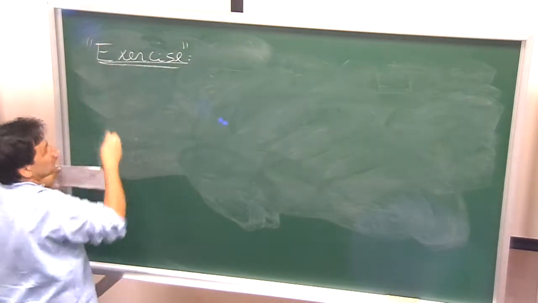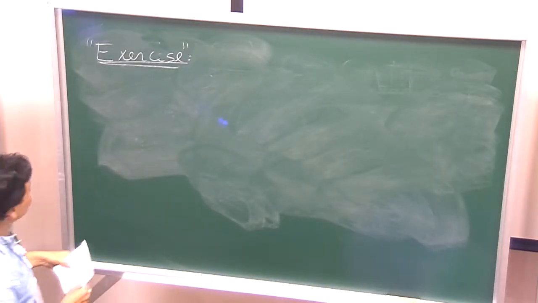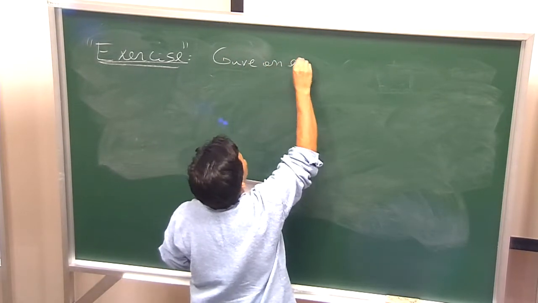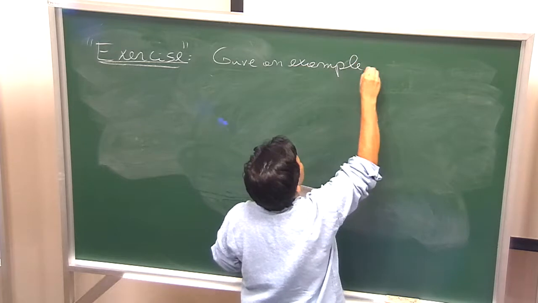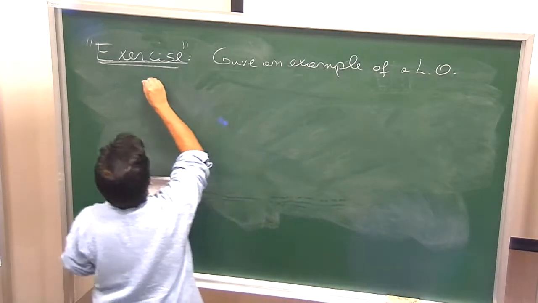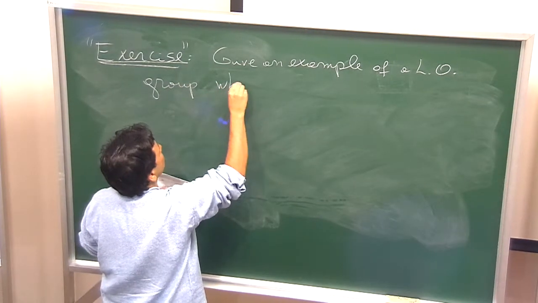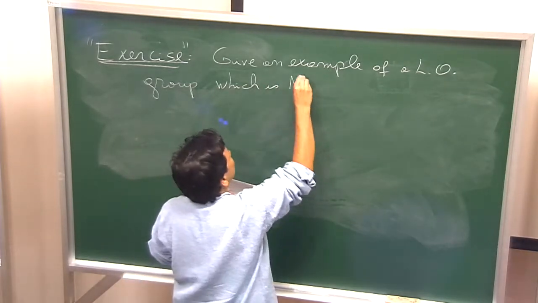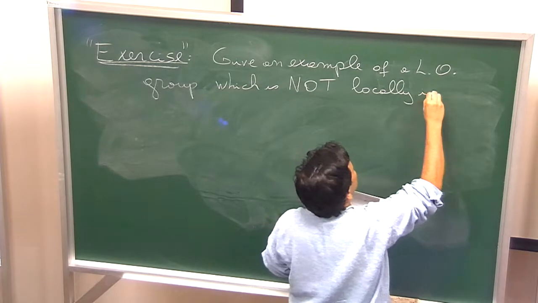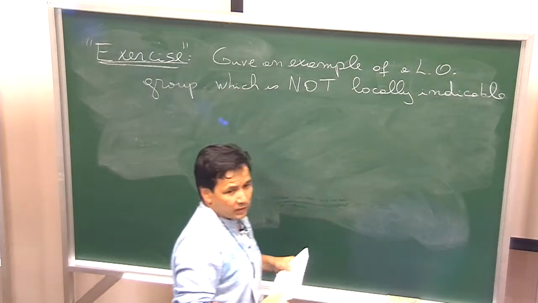Well, this is not that trivial, huh? Maybe. Okay. So give an example of a left orderable group which is not locally indicable. Okay?